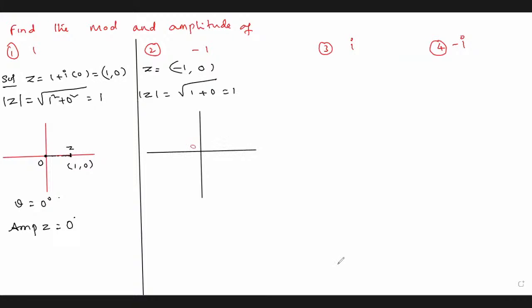X value -1, y value 0, so the point will be here. If the point is here, what is the concerned angle? This is a straight angle. So theta is equal to 180 degrees, which is equal to pi radians. Therefore, amp Z is equal to pi radians. Have you understood now?